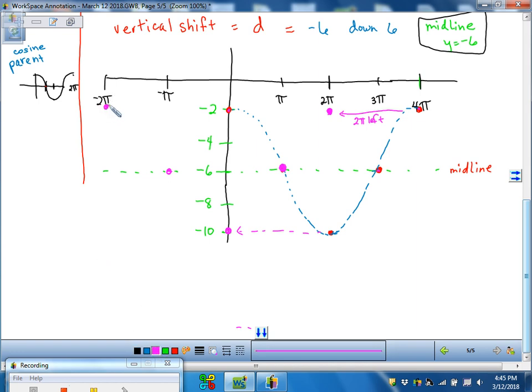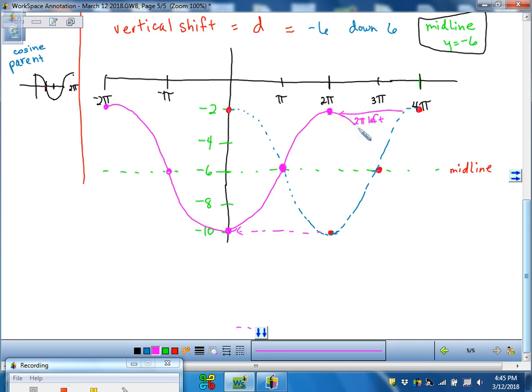Once I have employed the phase shift, now I'm ready to graph my entire function with its phase shift. And when I'm graphing the actual function, I go ahead and use a solid curve instead of a dotted one to represent that it's the real function.